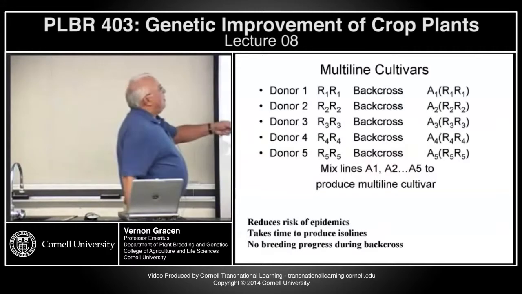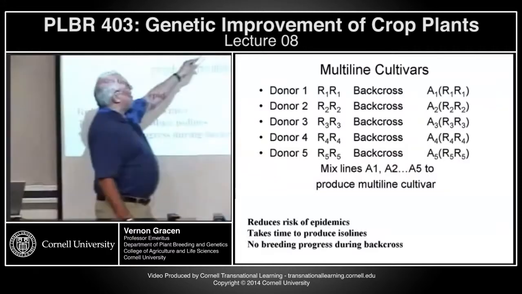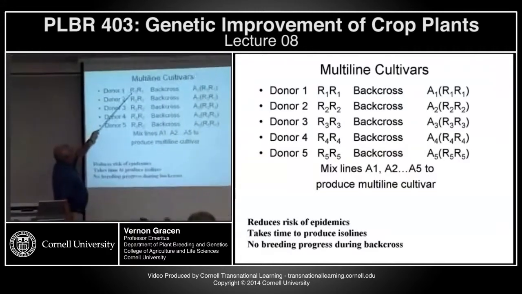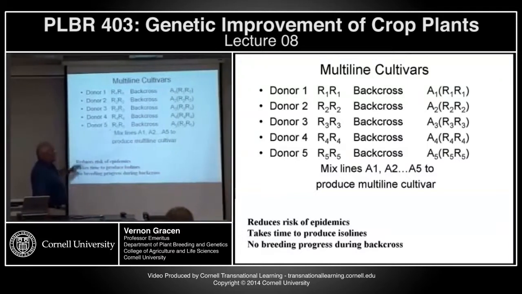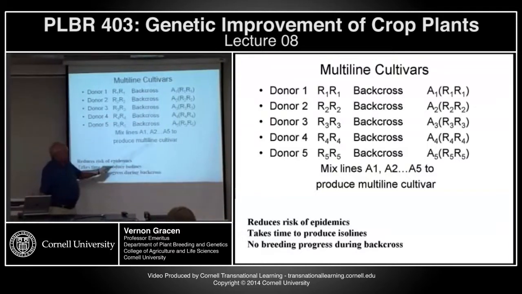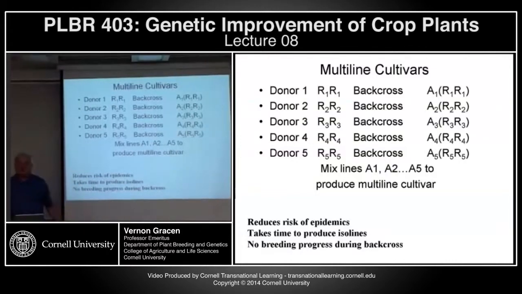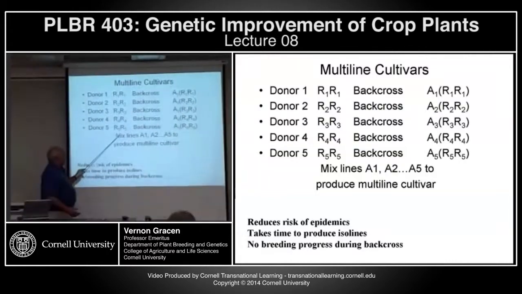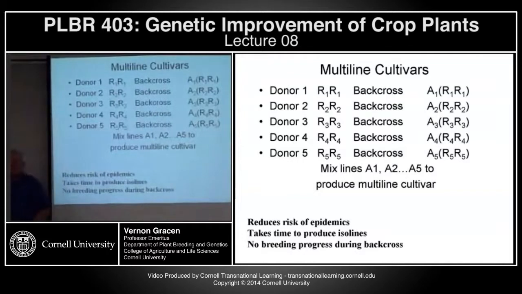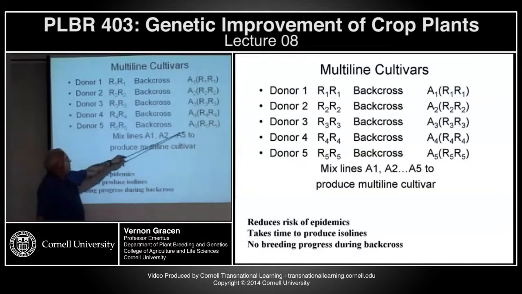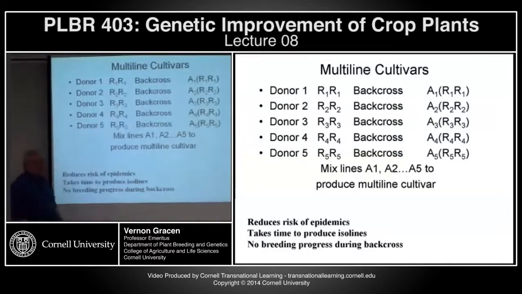We can take one variety, A, and we can add resistance gene 1, 2, 3, 4, 5. And so we have 5 different backcross populations, each with a different resistance gene. And so then if we mix all of those populations together, they all are variety A. We can't distinguish them phenotypically.